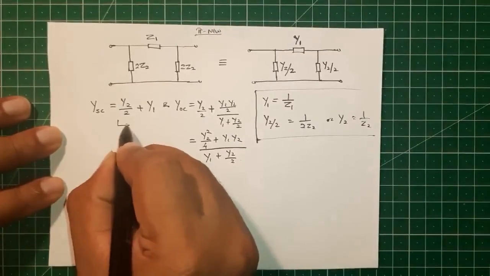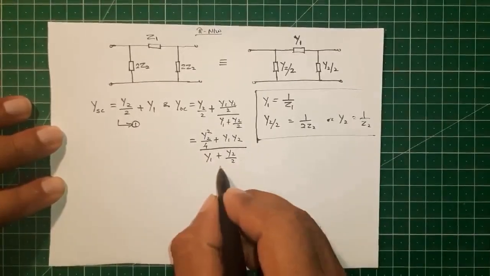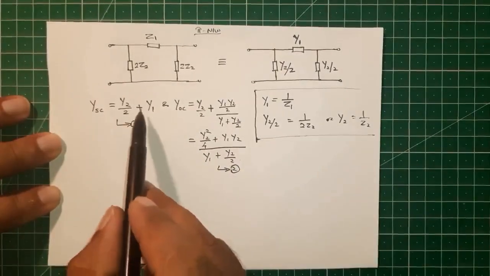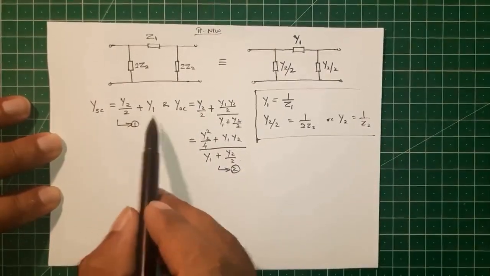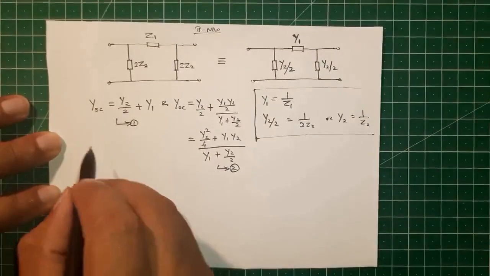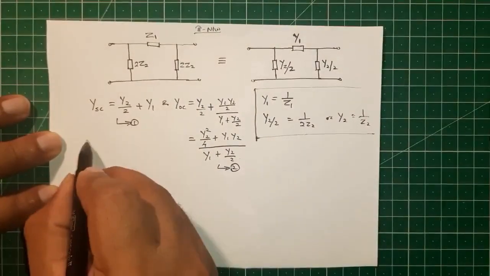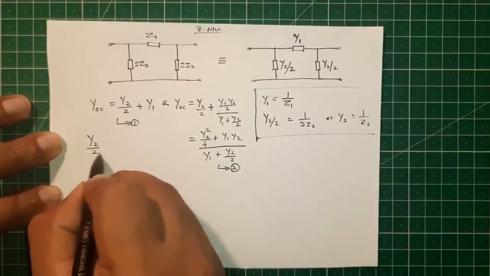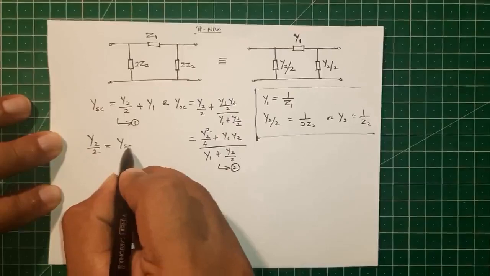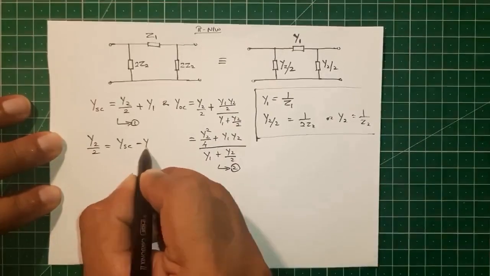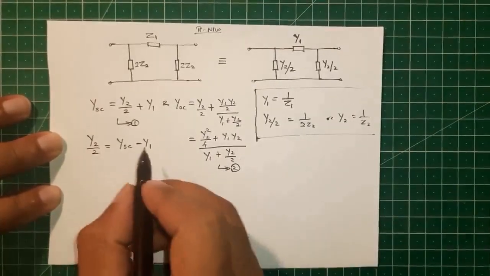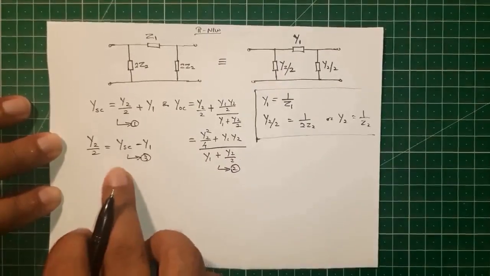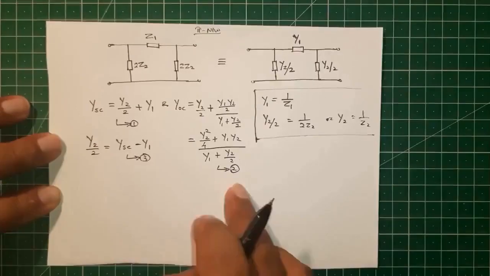So we have one equation here and another equation here. First we will try to find Y1 by eliminating Y2 by 2. So we can rewrite this equation as Y2 by 2 is equal to YSC minus Y1. Now substitute this in the second equation.